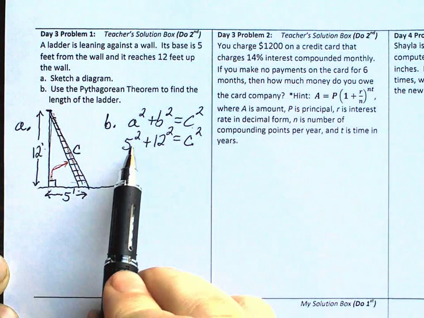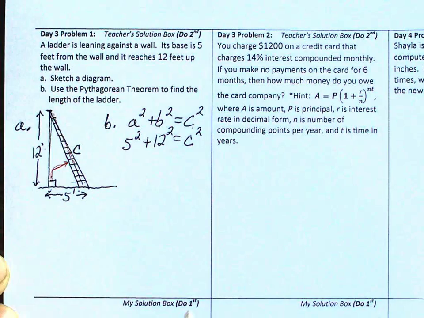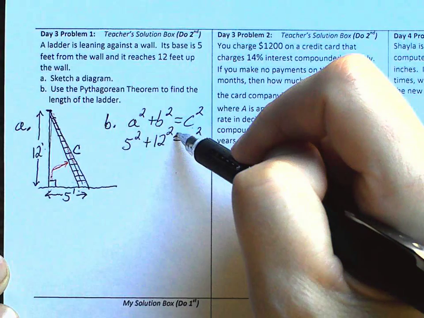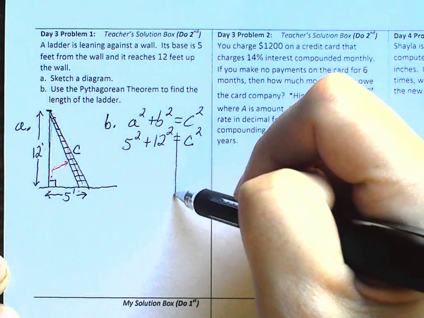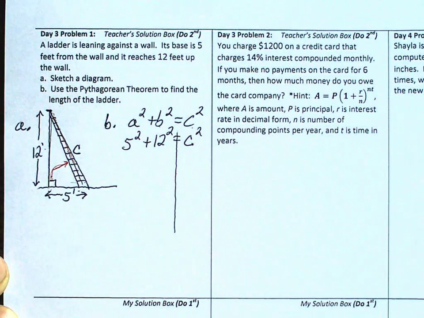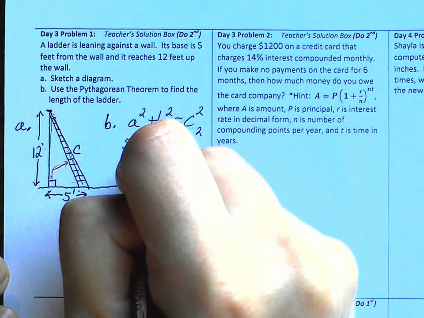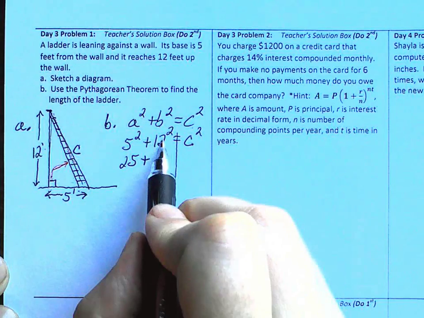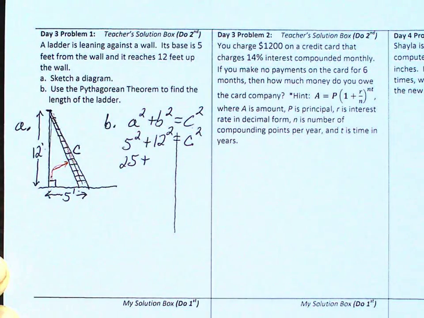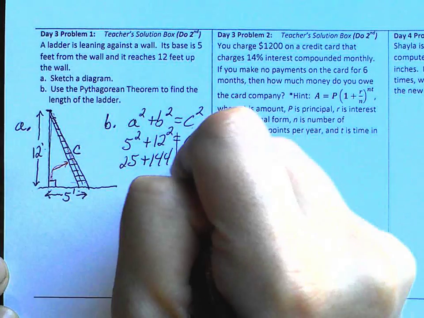Now we have an equation, 5 squared plus 12 squared equals c squared. We're going to solve that equation for c. Okay? So here's the equal symbol, and a line coming down to help keep the left side of the equation separated from the right side of the equation. And let's solve this. 5 squared is 25. 12 squared, which means 12 times 12, that's 144.